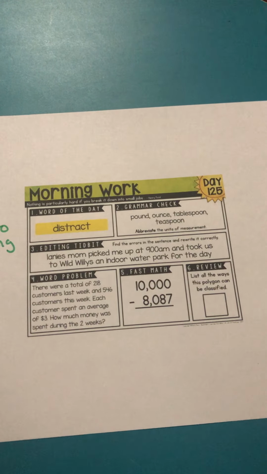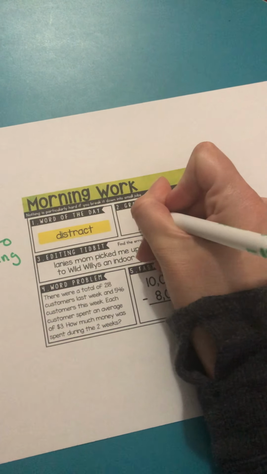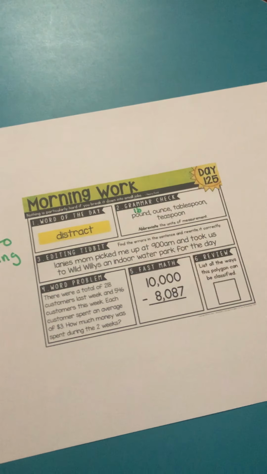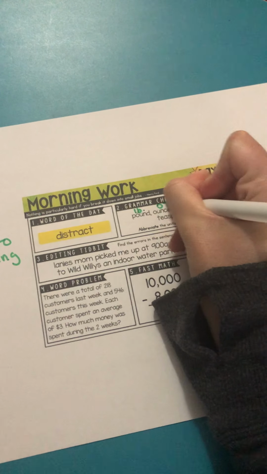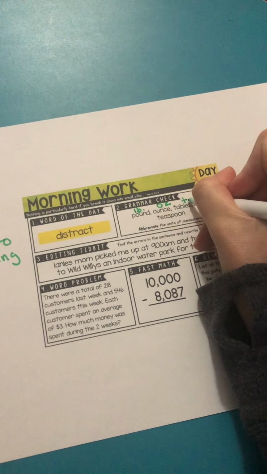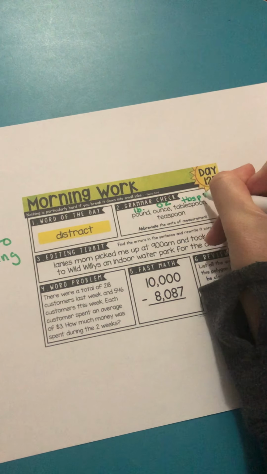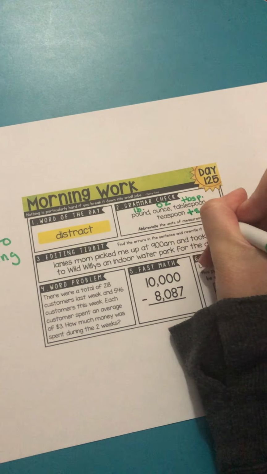All right, more abbreviations, you guys. Here we go. Pound. How many of you knew that the abbreviation to pound is an LB? A little L, an LB. Ounces, OZ. Tablespoons, TBSP, period. Teaspoon is TSP.